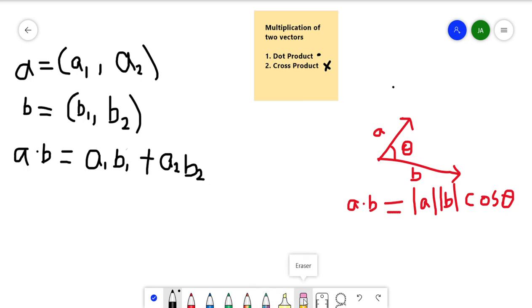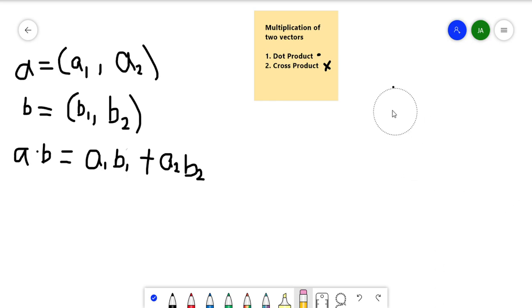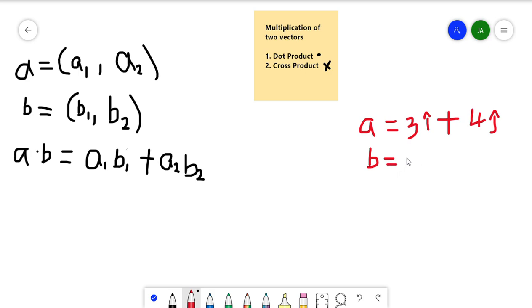Let's say we have vector A resolved into its components as 3i, where i is a unit vector, plus 4j, and let's say vector B is i plus 3j.